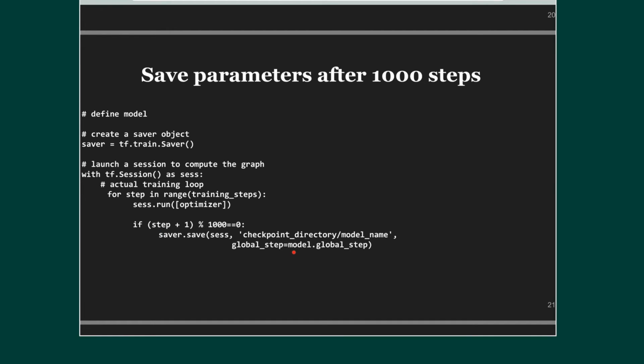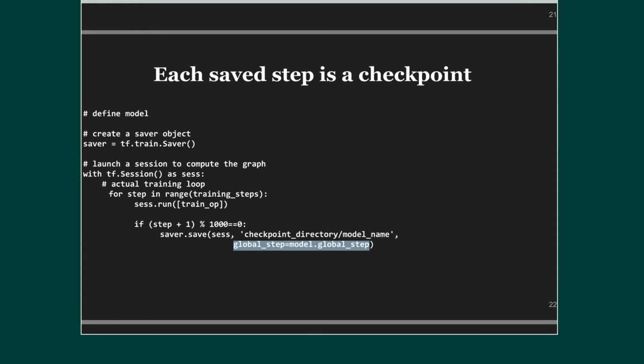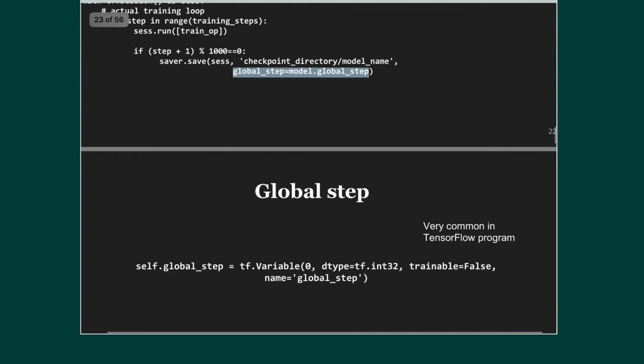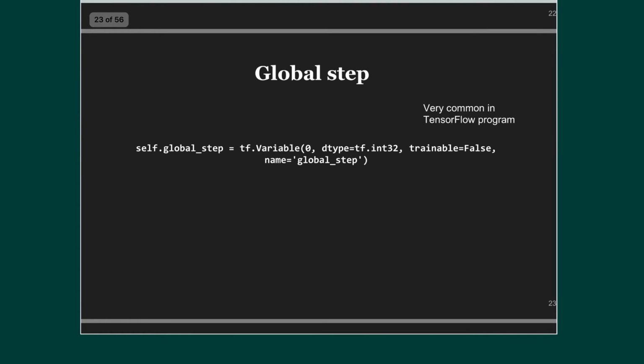Now, this model.global_step, it is pretty popular to define a global step variable in your code. So what you can do is you can just have this defined in your model as just a variable, self.global_step, and this is a tf.Variable, starts with 0.